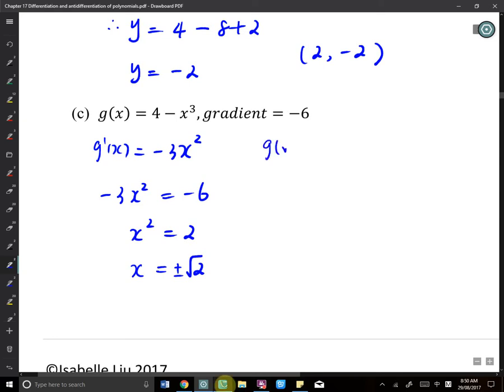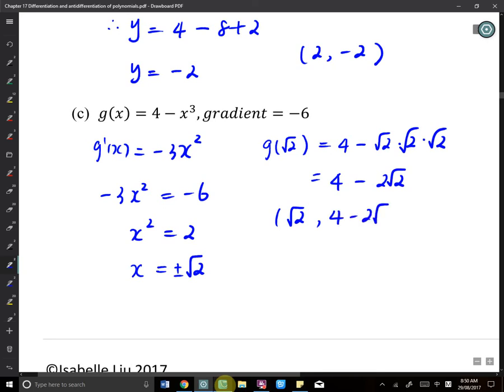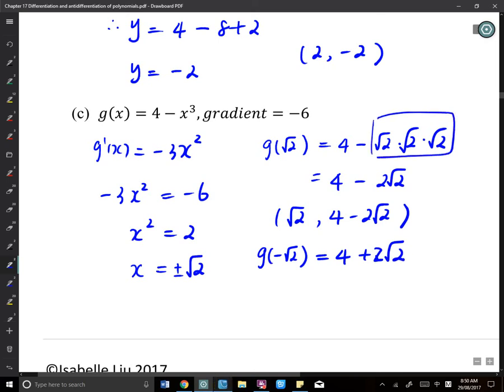And let's think about g of root 2. g of root 2 is 4 minus root 2 times root 2 times root 2. So that equals to 4 minus 2 root 2. So the first coordinate is root 2, 4 minus 2 root 2. g of negative root 2 just equals to 4 plus 2 root 2, because minus, minus, minus overall will give you a minus, and then the minus in the front becomes a plus.